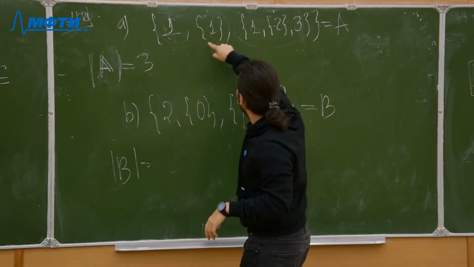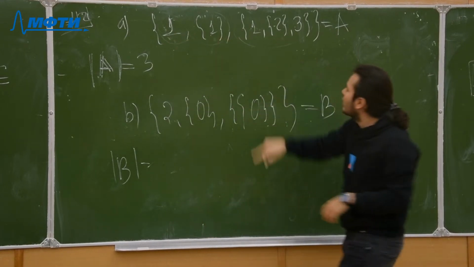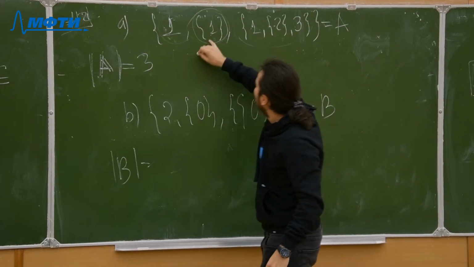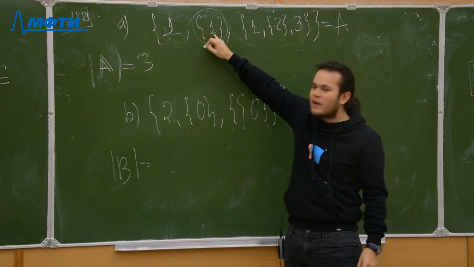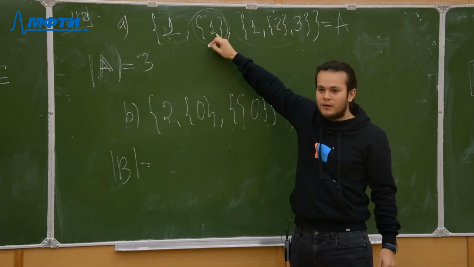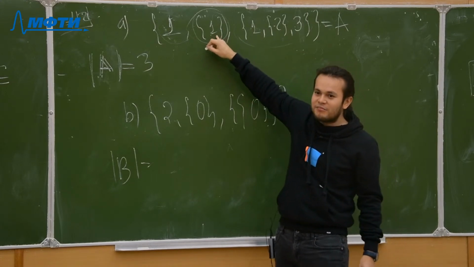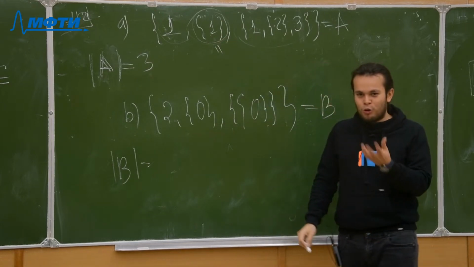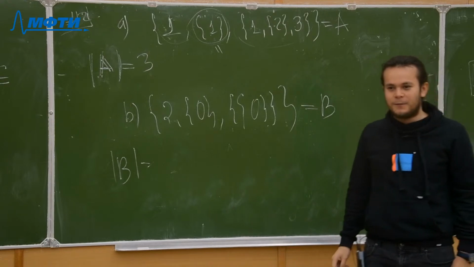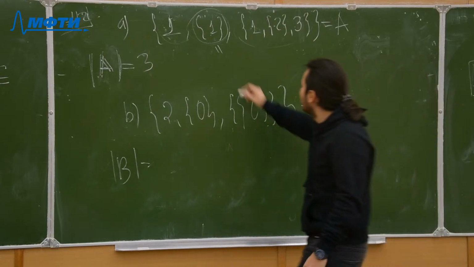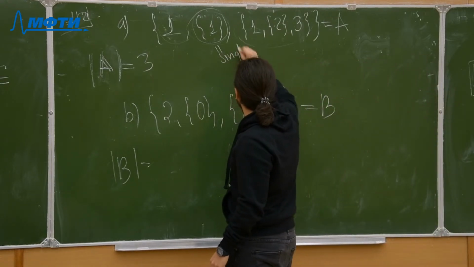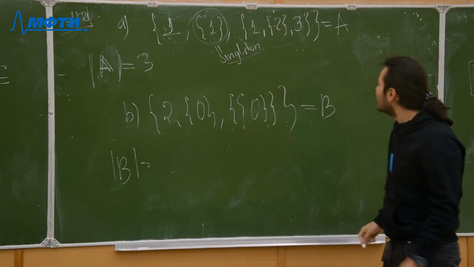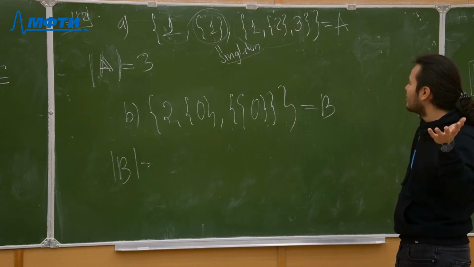One, this thing and this thing. Now, what's the name of this element here? Of this set, right? Because this is an element, but this is a set. Who can tell me? Who can write there? Yes. Singleton, I don't know how it's spelled, but singleton, let's call it.